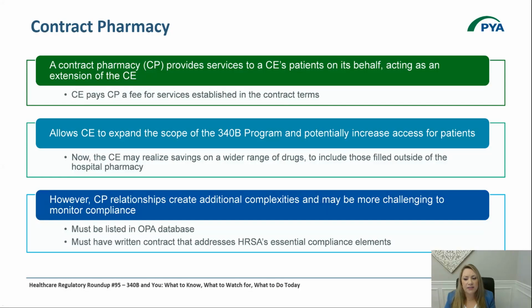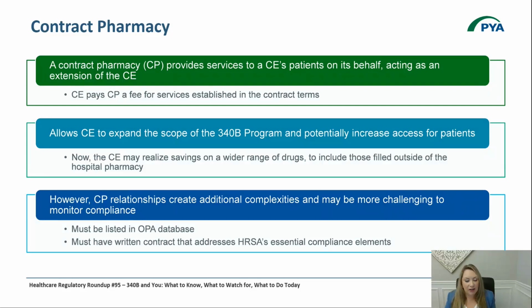So those contract pharmacy relationships allow covered entities to expand the scope of their program, potentially increasing access for patients, helping to add to their savings. So it is generally thought of as a positive thing.